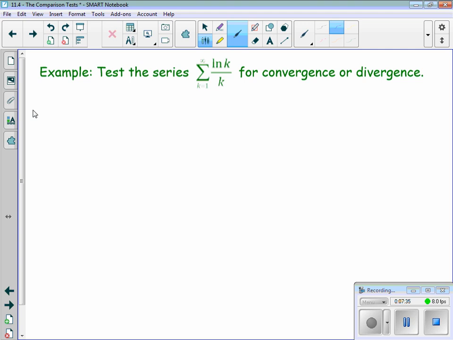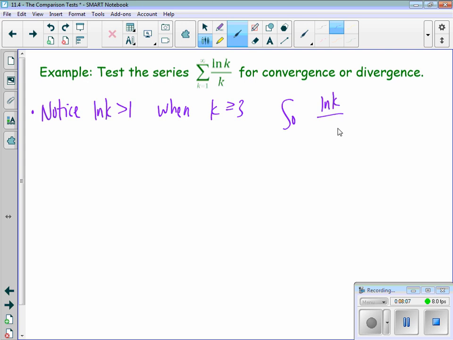Okay, so let's start by writing, notice that natural log of k is going to be greater than 1 when our k is greater than or equal to 3. Okay, when we get larger and larger, our value is going to be greater than 1. So eventually it's greater than 1. So what we're going to compare it to is just 1 over k. So let's write this down.